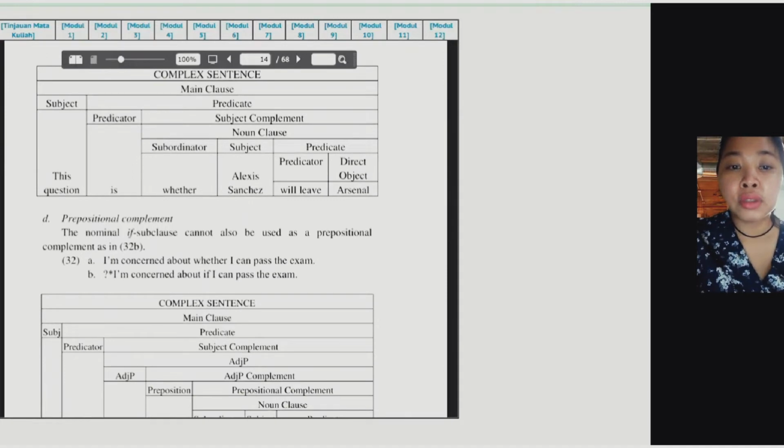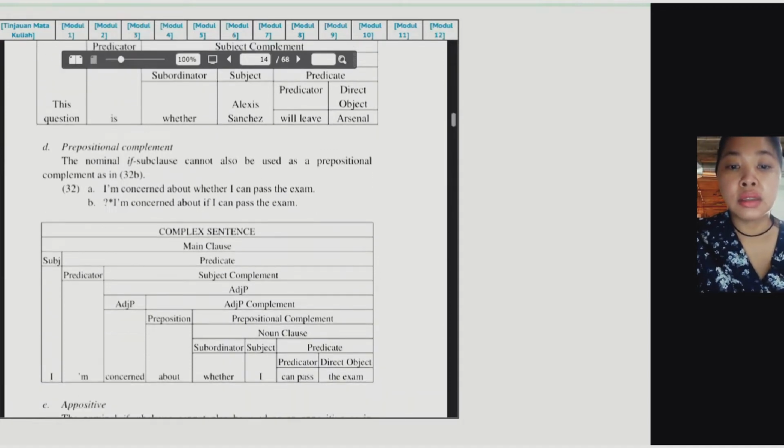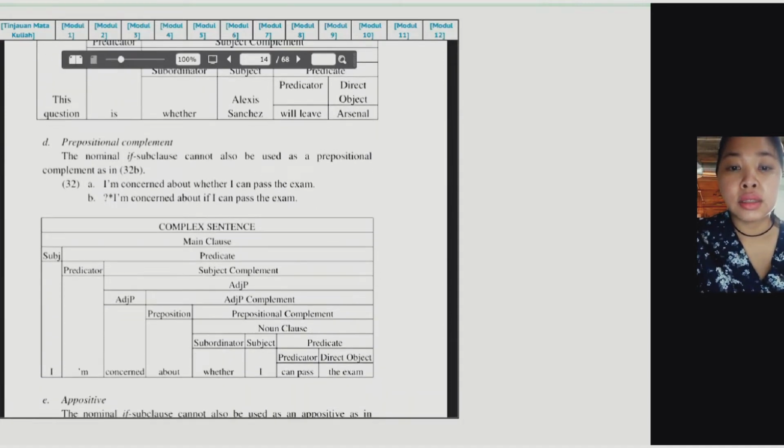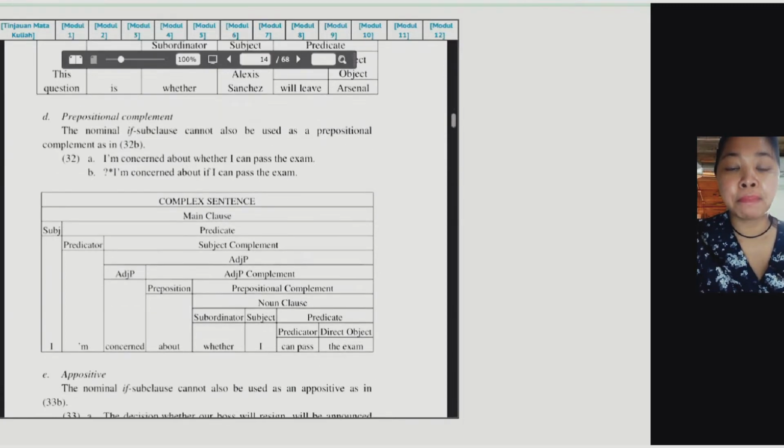And for the prepositional complement, it describes the preposition after it, like subject, predicator, I'm concerned, adjective phrase, preposition about, and then the prepositional complement, whether I can pass the exam.